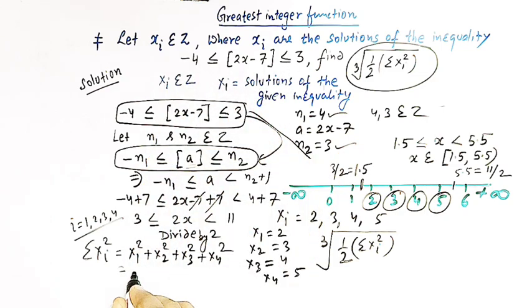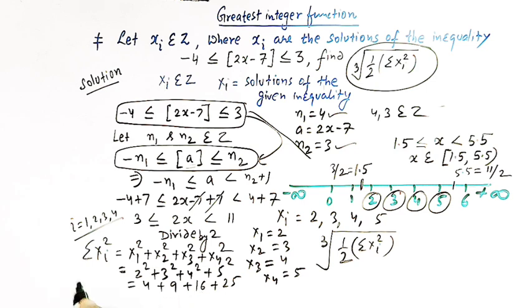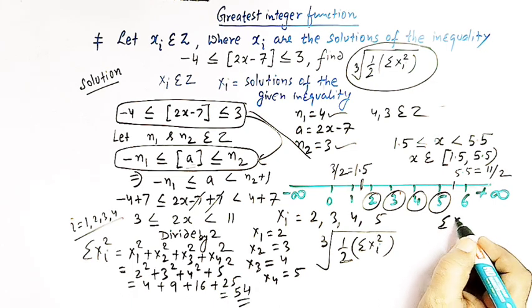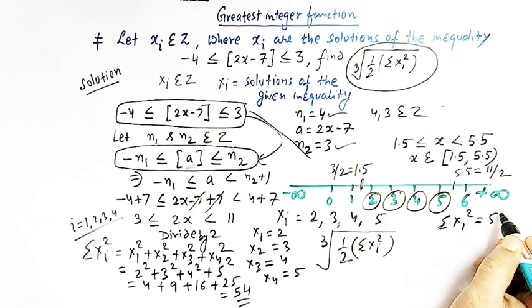So we have here 2 square, then we have 3 square, 4 square, and 5 square. So 2 square is 4, 3 square is 9, 4 square is 16, then we have 25. So this is 13 plus 16, that is 29, and 29 plus 25 is 54, right? So the value of sigma xi square is 54.